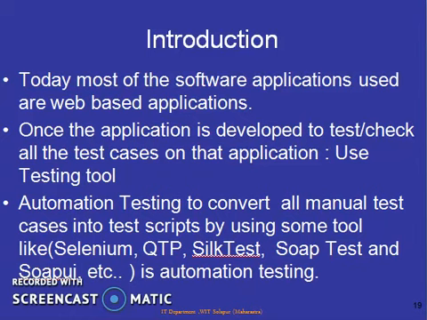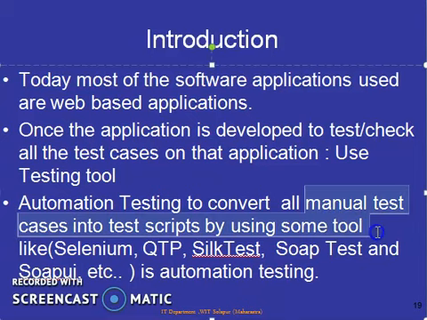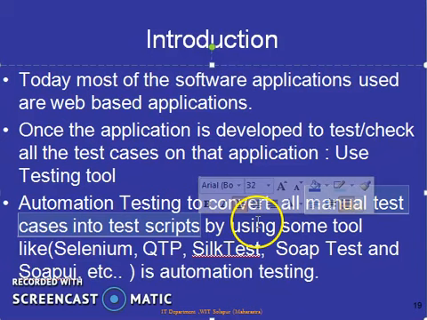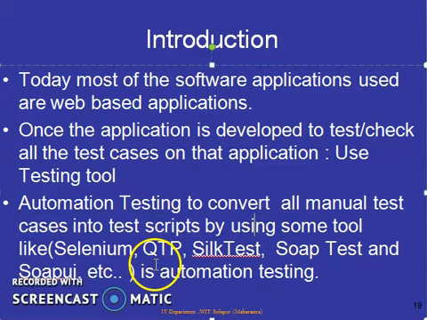That testing tool converts all the manual test cases into test scripts by using tools like Selenium, QTP, Silk Test, Soap Test and Soap UI. So all these are open source testing tools.